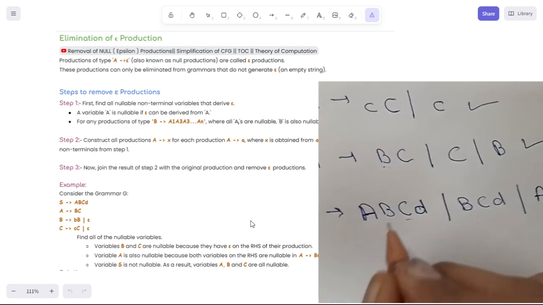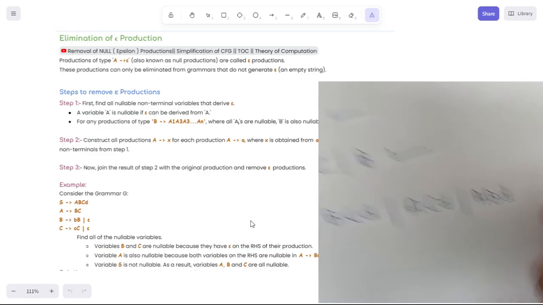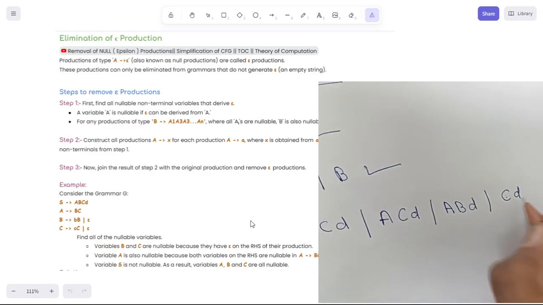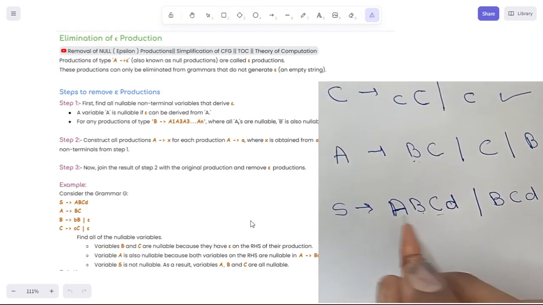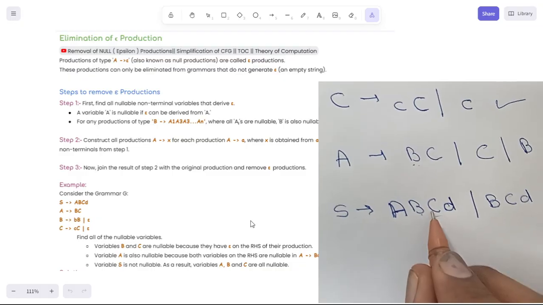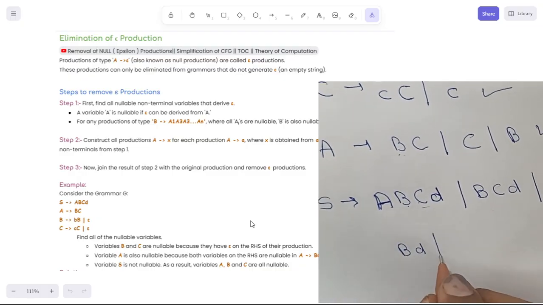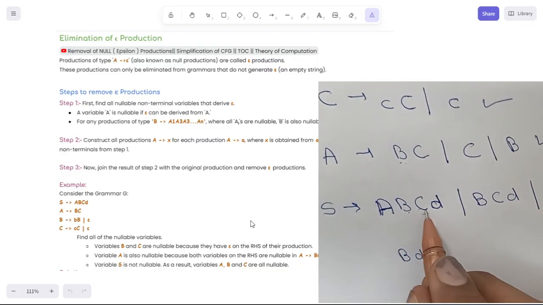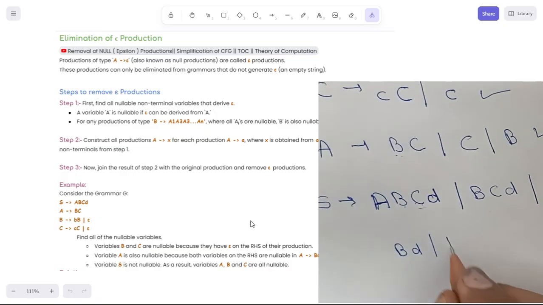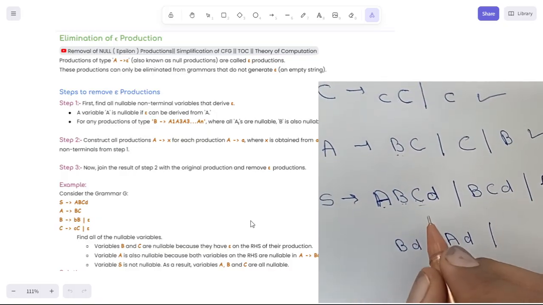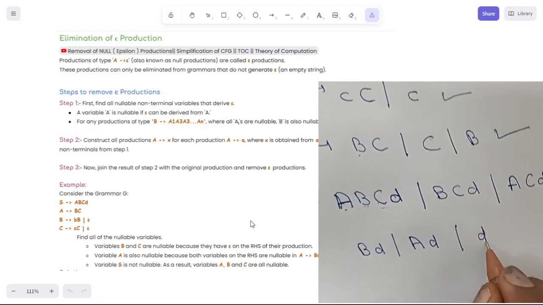Now, if I put A and B as null symbols, the new production will be C, small d, right? If I put A and C as null symbols, this will become B, small d, right? If I put B, C as null symbols, it will become capital A, small d, right? If I put all three of them as null symbols, it will become only d, right?